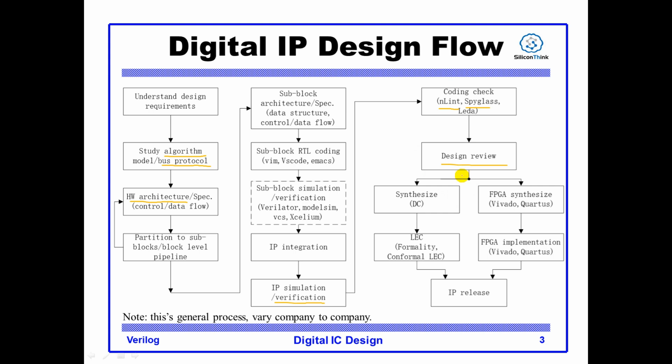Okay, after this, the design flow will be divided into two threads. The first thread is the ASIC design flow thread, and the second thread is the FPGA emulation thread. For the ASIC thread, we will do design synthesis using EDA tools such as Design Compiler from Synopsys. Then we will do logic equivalence check. This is also using EDA tools to check whether the synthesized netlist is functionally equivalent with the RTL code.